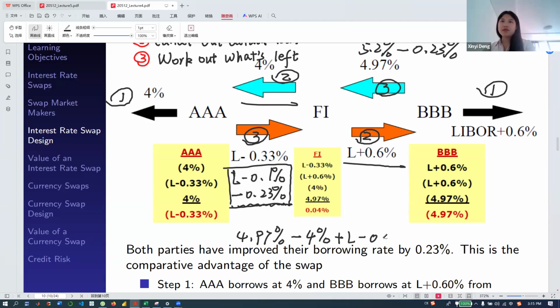And it's paying out LIBOR plus 0.6%. So we subtract that.